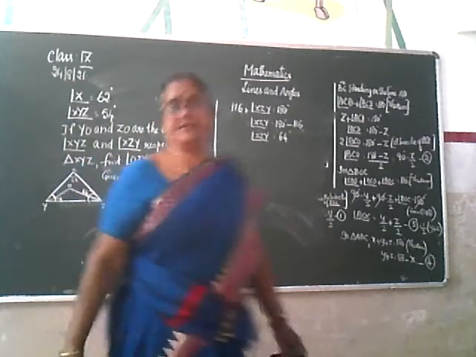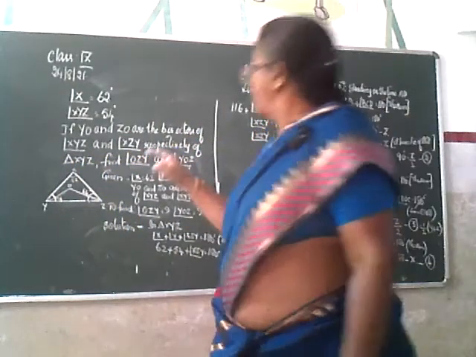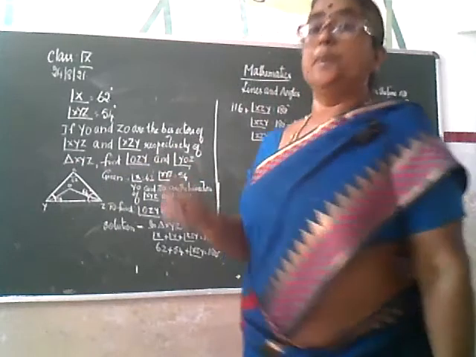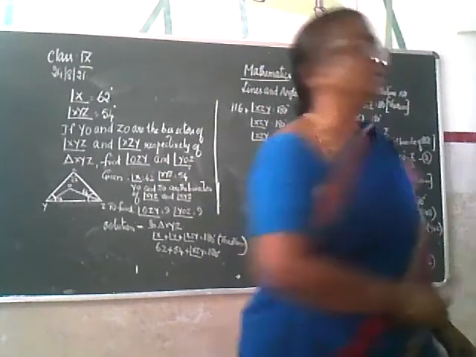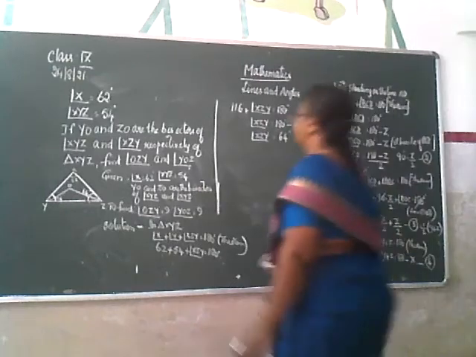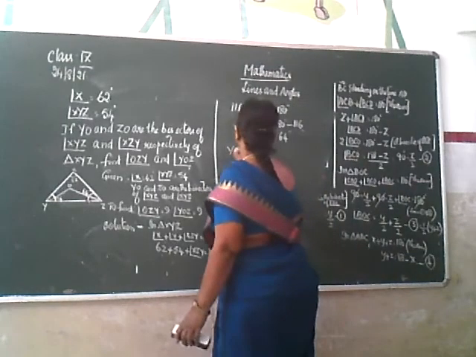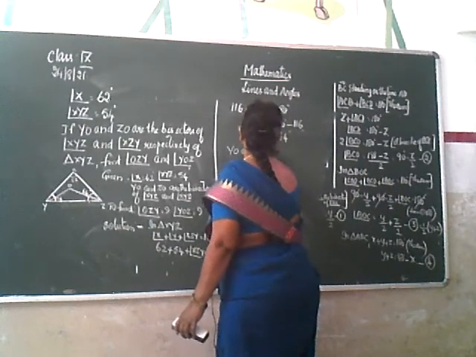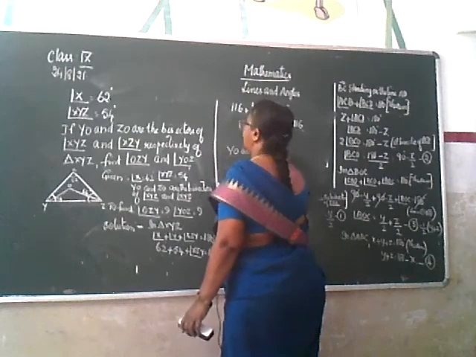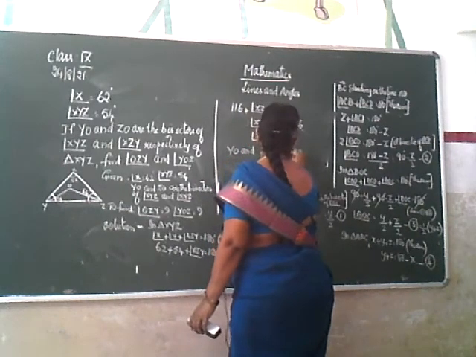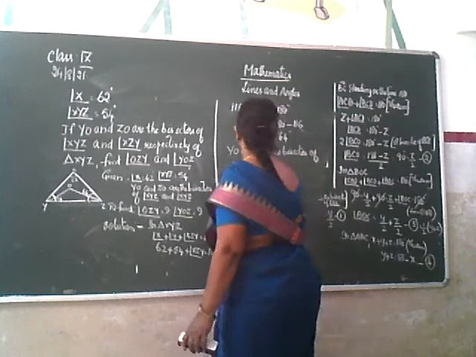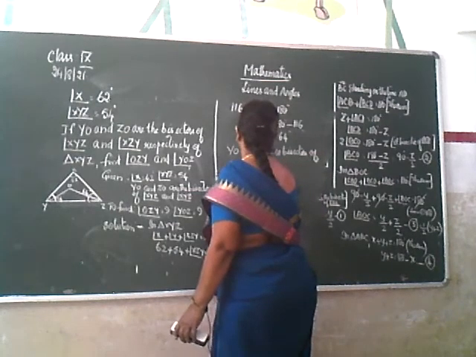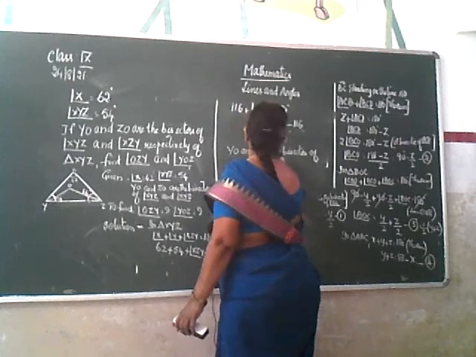Now it is given YO and OZ are the bisectors of angle Y and Z. So it is given that I can say YO and ZO are bisectors of angle XYZ and XZY.